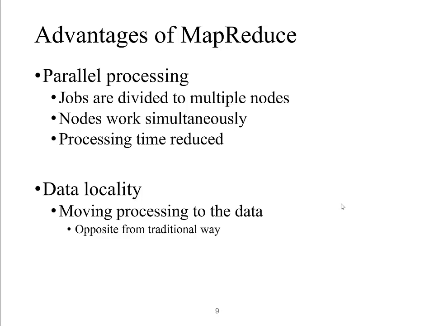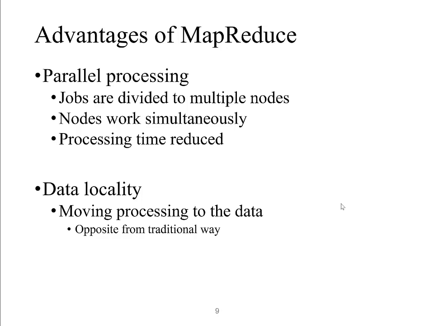Now in MapReduce, we bring the processing unit to the data, so we overcome the above issues. Bringing the processing unit to the data gives us a couple of advantages.